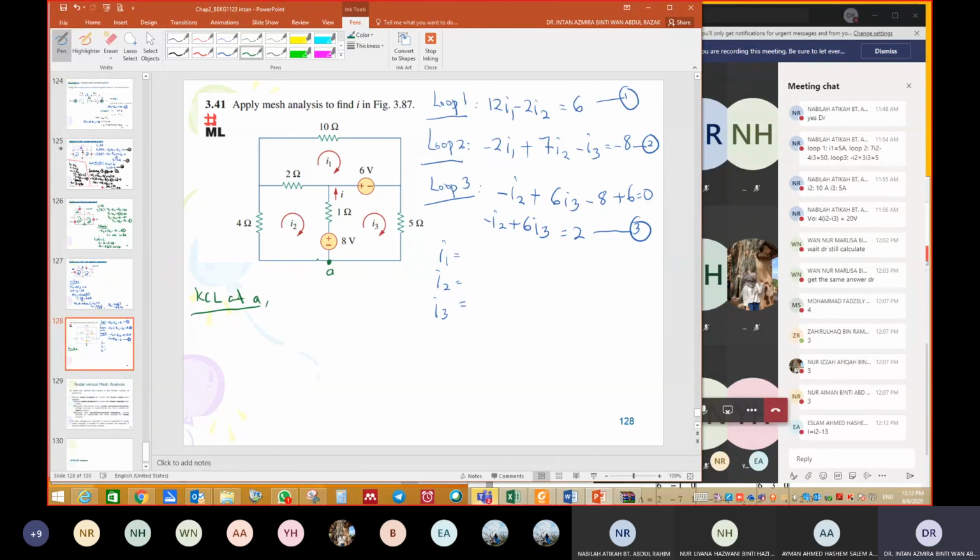Okay, so this is I2, this is I3. Okay, this is I. So I3 is equal to I plus I2. Okay, same like Islam said. So after we get I1, I2, and I3, we can find I. I is equal to I3 minus I2.